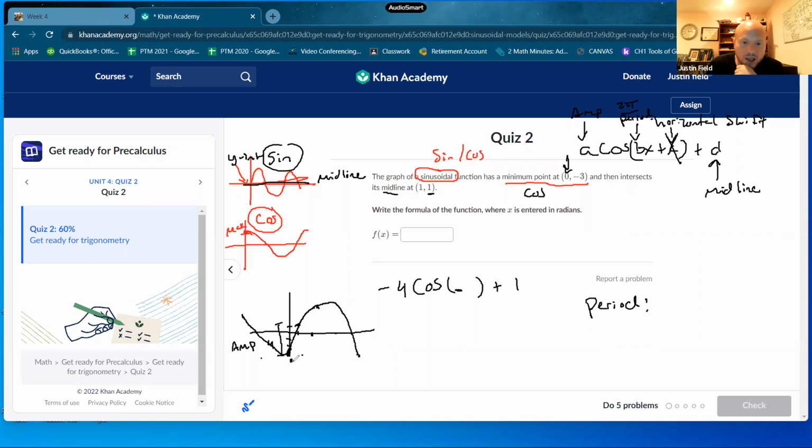So knowing this distance here, it still has to go up, back to the midline, and then back.